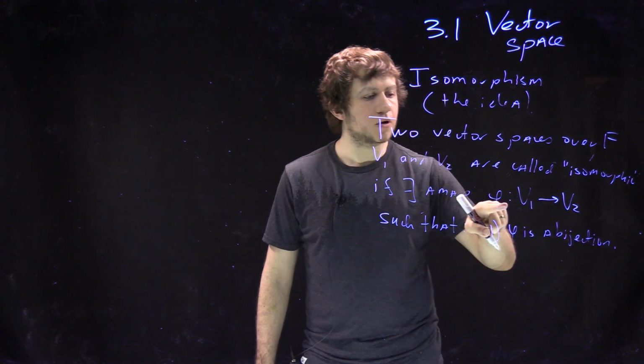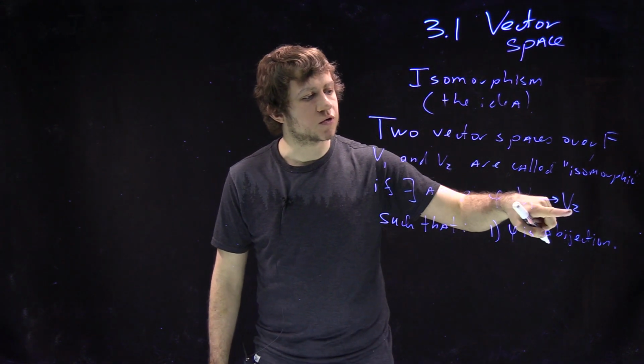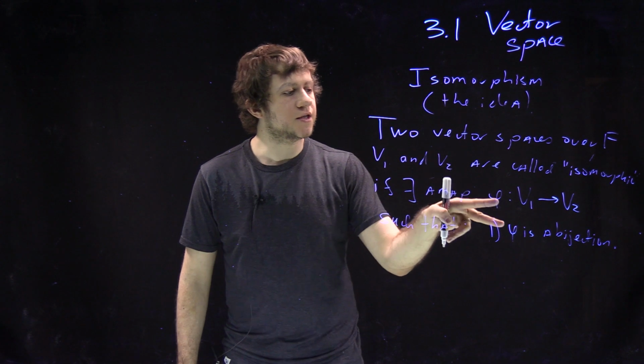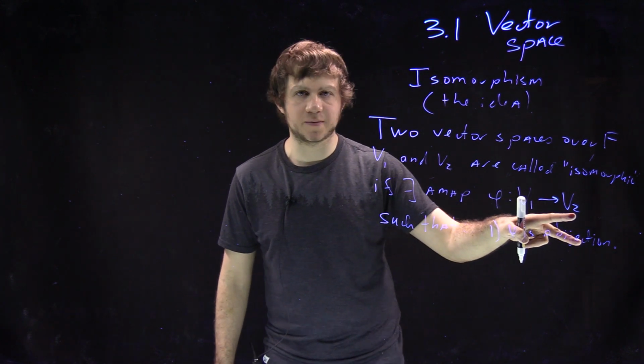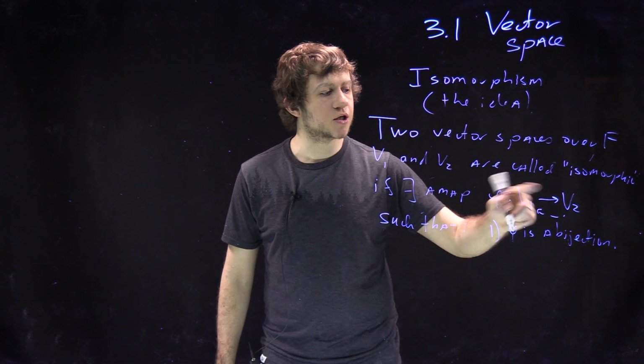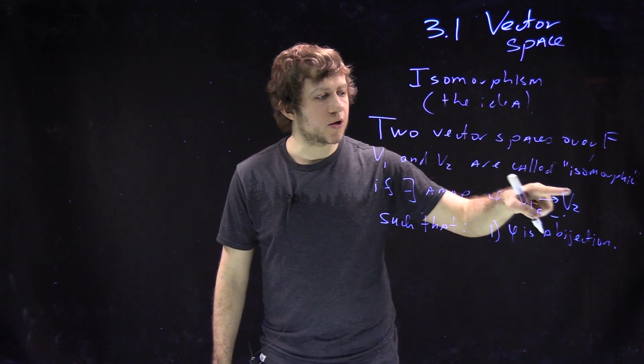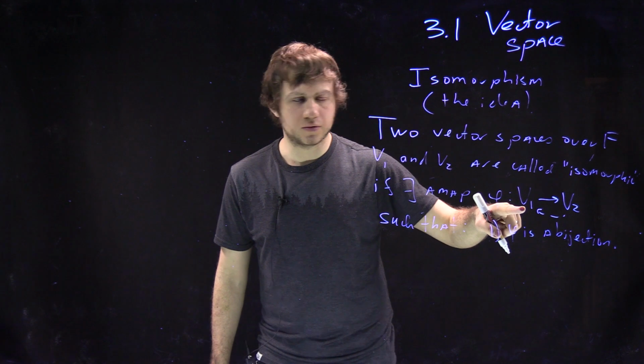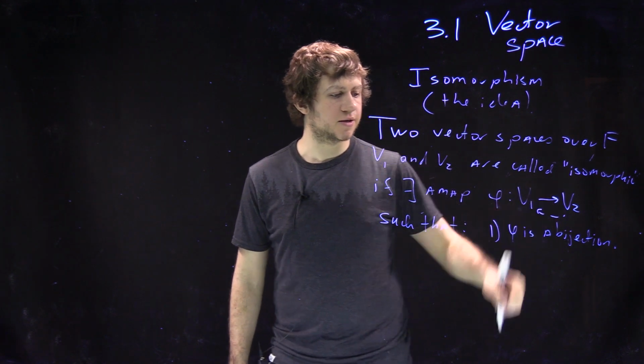I remind you, it means every element in V2 comes from some element in V1, and different elements in V1 go to different elements in V2. It is equivalent to the fact that there is a map in the other direction, which, if you go one way and backwards, gives the identity map, and similarly the other way.